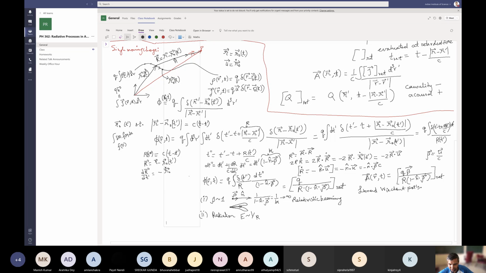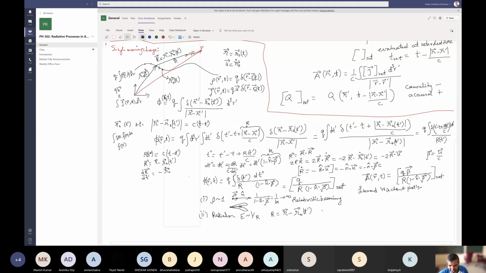We don't get that because of this factor. In fact, we get it because R is not just equal to small r, but it is equal to r minus r naught of t prime. So when we are evaluating the gradient of this phi, we have to evaluate at a time t.